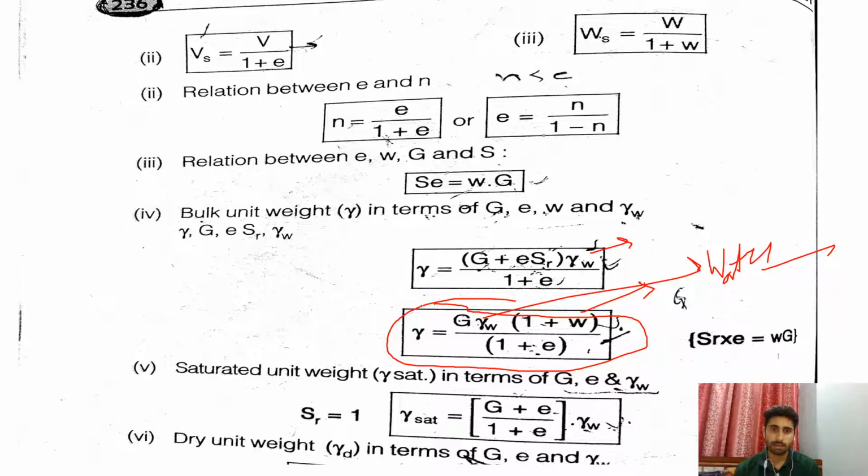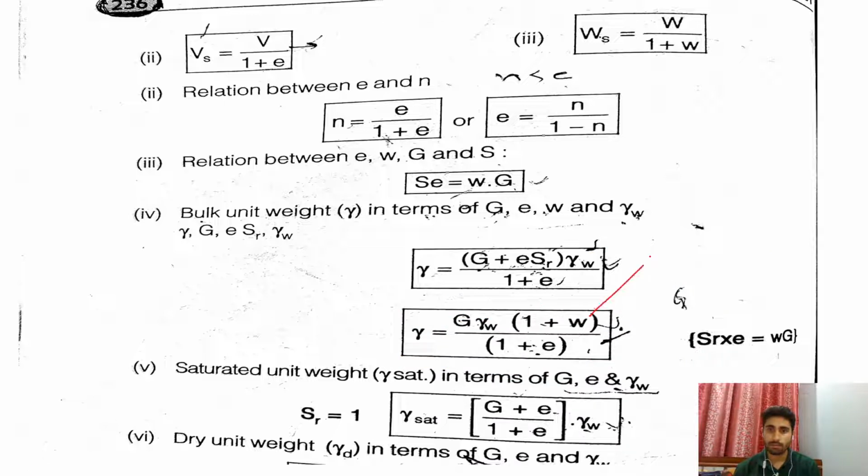Another, if you remember this equation, you can definitely find the value of dry unit weight. How can you find it? See, for dry soil, what is the value of W? W is moisture content, which is weight of water upon weight of soil solid.